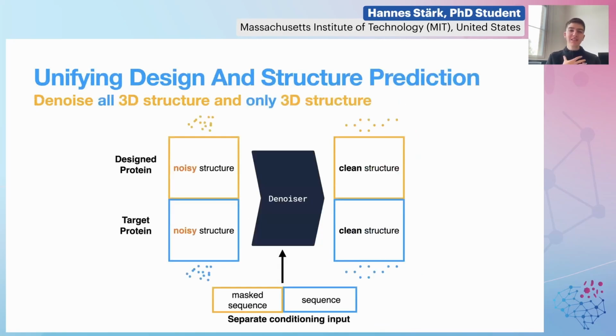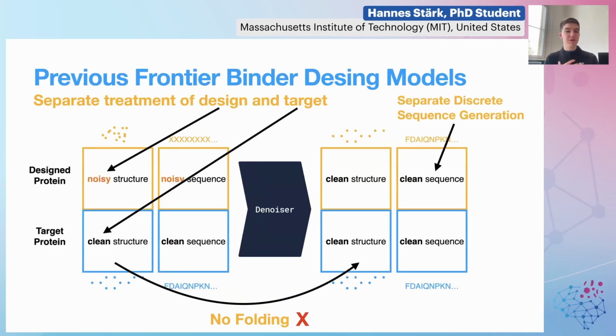And the way this is realized in our model is that we treat the designed protein and the target protein identically, where for both of them, we have only noise as input to the model. And it also only predicts 3D structure. The sequence is just an additional conditioning input to the model. This is quite different from how frontier models have done this in the past, where usually the target protein and the designed protein would be treated quite differently.